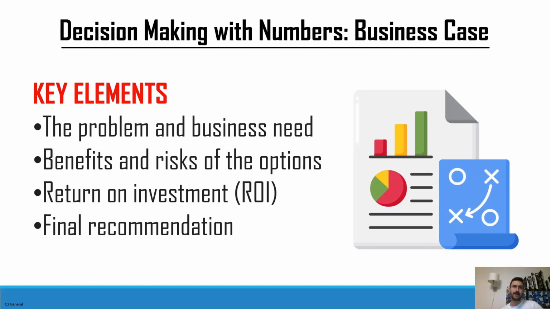This is an efficiency measurement criterion for any investment: how much money you are going to make compared with your initial investment. And finally, your final recommendation. Should we get into that business, or should we keep our money, not invest, and park the business?